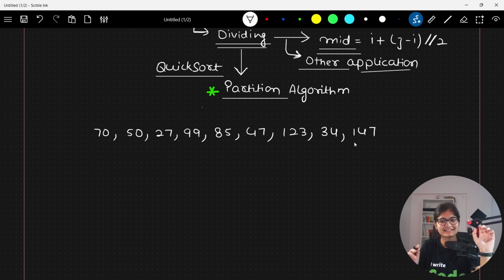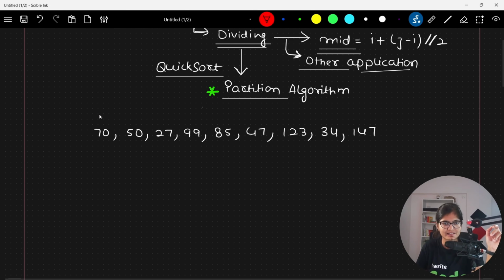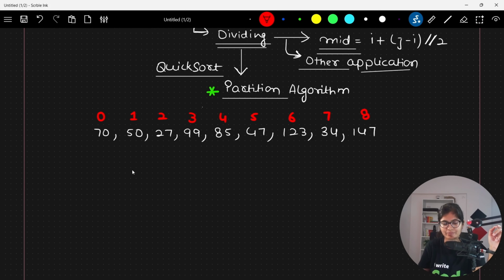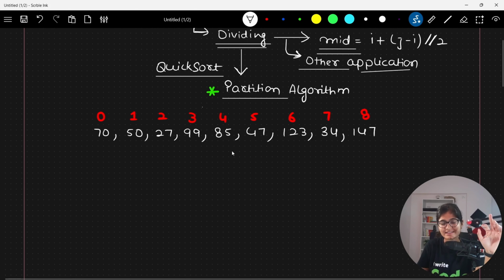This is the array that we have. The starting index of this array will be 0, and it goes 0, 1, 2, 3, 4, 5, 6, 7, and 8. Perfect. So this is the array that is given to us.